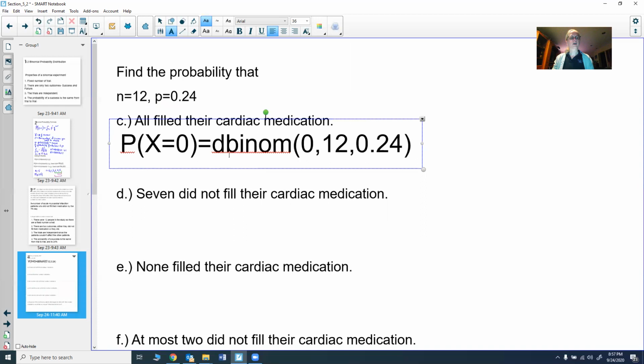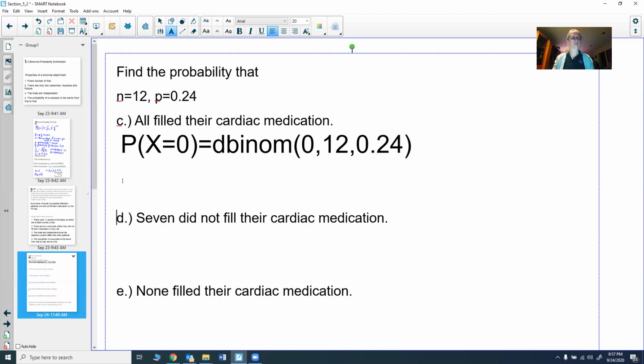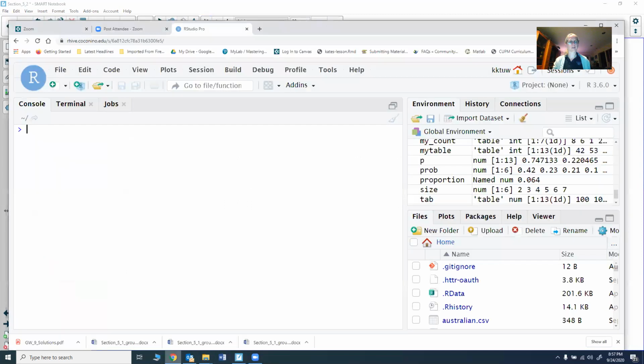So we're going to go into R, and have R do the calculations for us, and then we'll show you what actually happens. I'm here in the console. You can do this in an RMD file, or you can do this in a console. It doesn't matter.